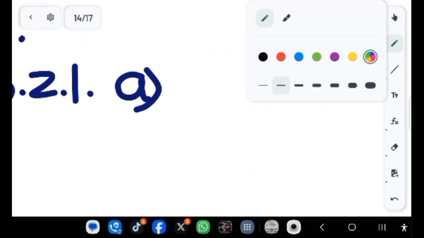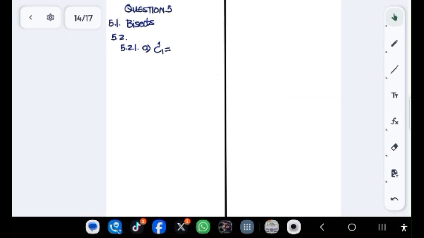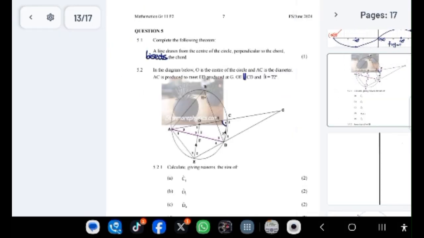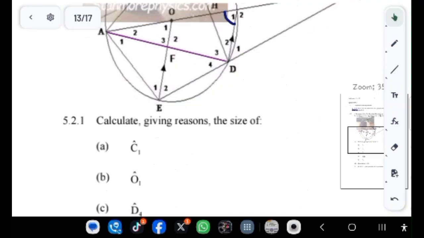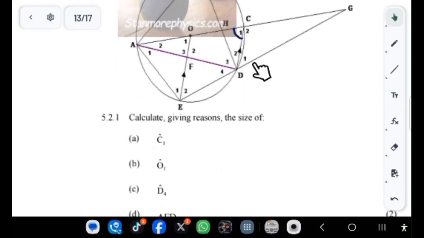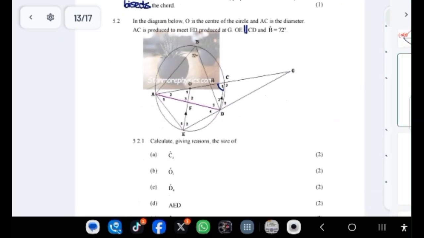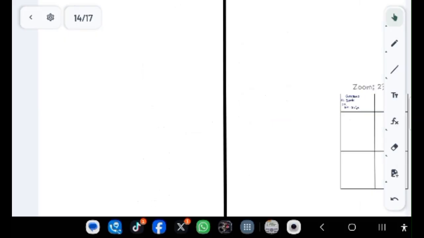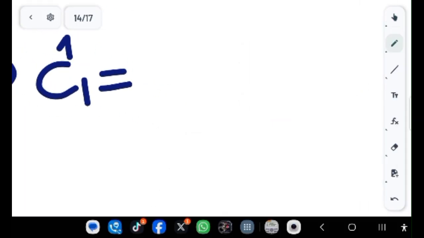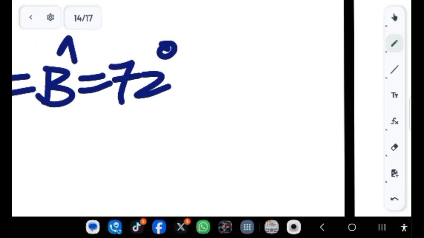Angle C1 equals angle B, both equal to 72 degrees, and the reason is angles in the same segment.